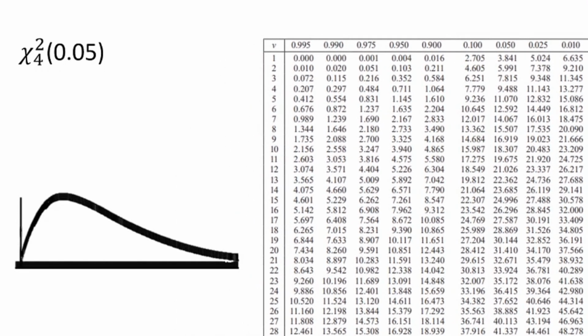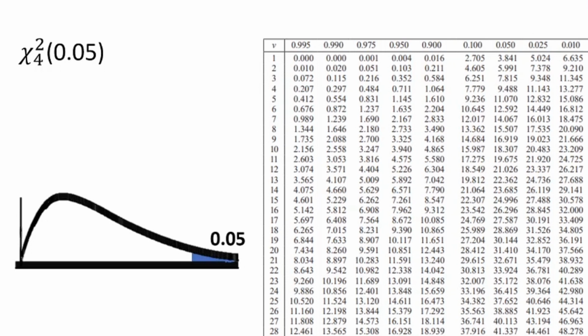The chi-squared distribution typically has this shape. It has positive skew. When we're reading from the reference tables, the probability here is the probability in the right-hand tail. It's the probability that we exceed the critical value we're picking out. In this particular case, we're looking at 5%.